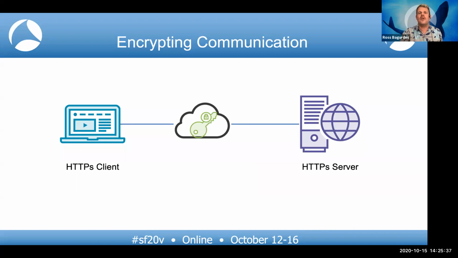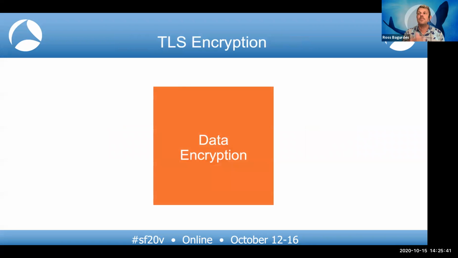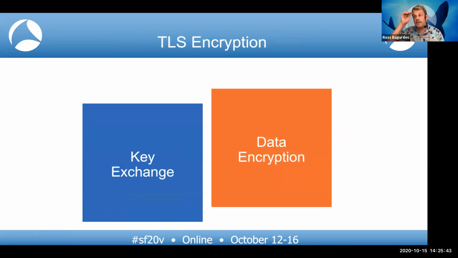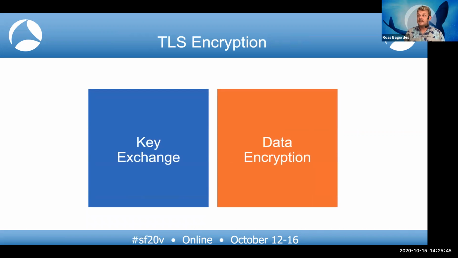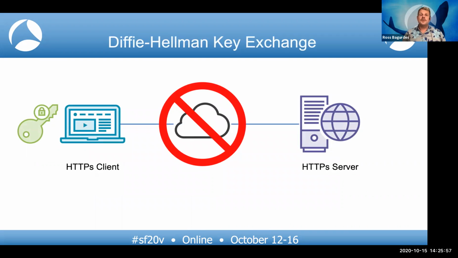So how do we resolve that? Well, this is where key exchange protocols come into play. The key exchange protocols that we're going to use here are going to be used to actually generate a key that we can use for AES or ChaCha20.